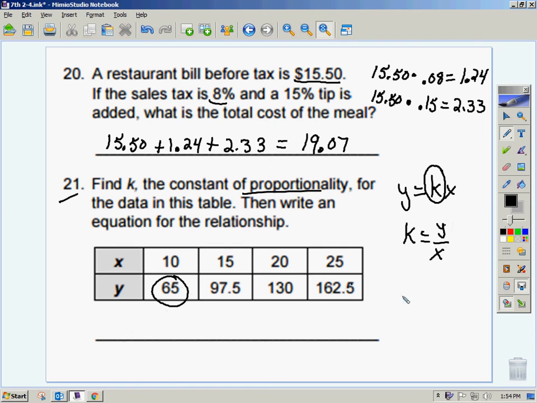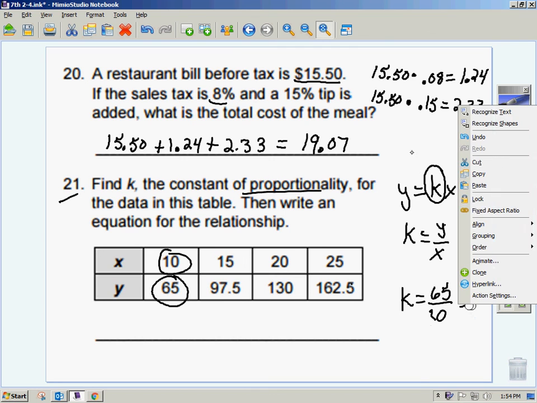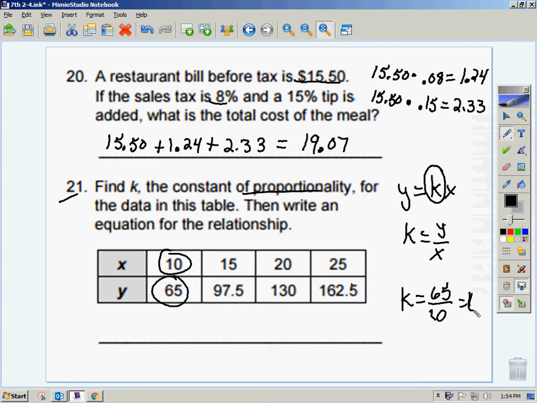So I've got 65 for y, and I've got 10 for x. That comes up to k equals 6.5. So y equals, replace k with 6.5, x.